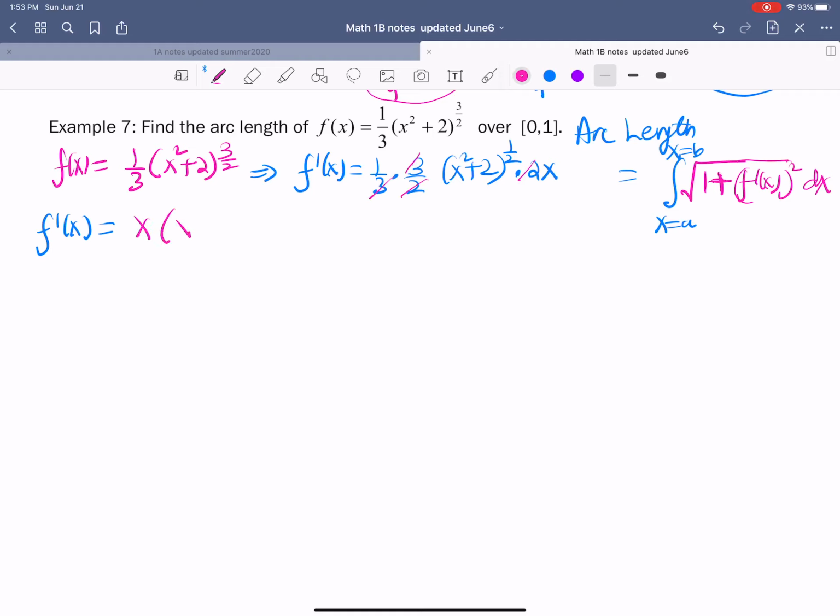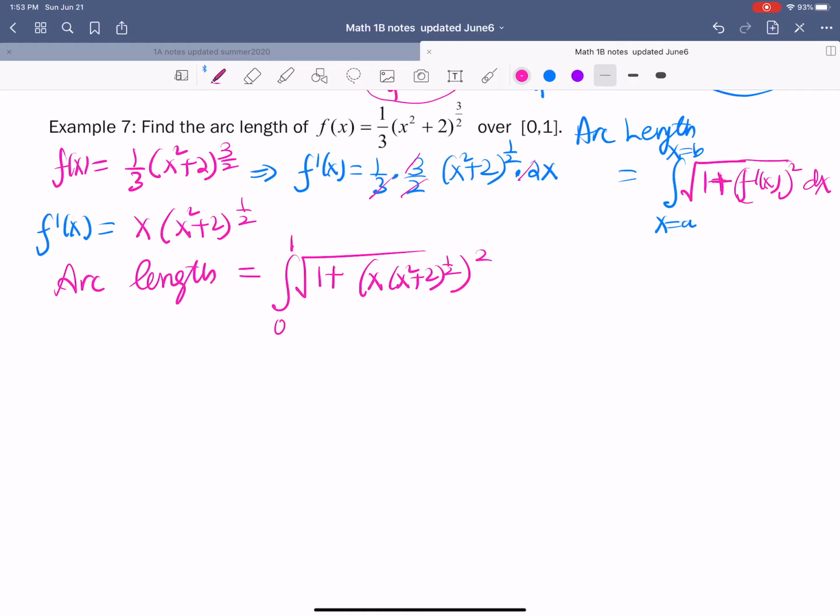I'm just left with x times (x squared plus 2) to the power 1/2. Okay, plug it into the formula for the arc length. Arc length turns out to be from 0 to 1 square root of 1 plus f prime of x squared.